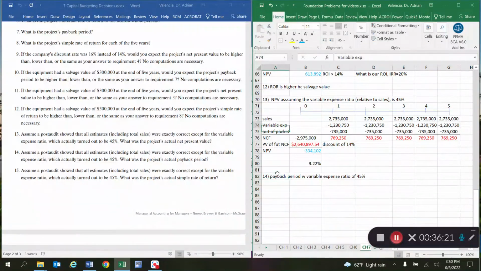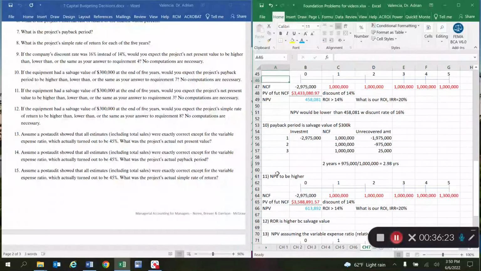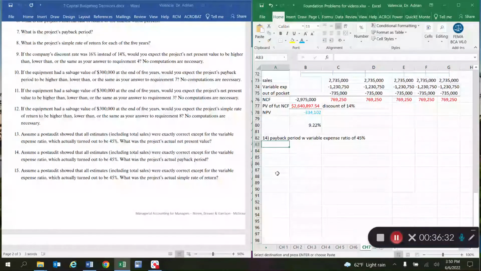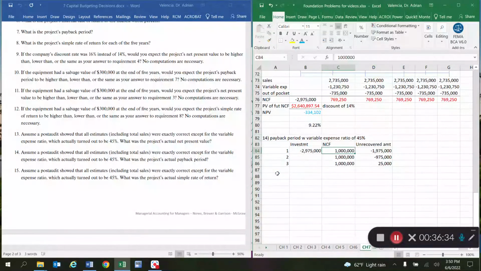I'm going to bring back the setup we did for payback period here, and you should have picked up on the fact that now it's going to take us longer to get our money back, okay? Because every year we're only going to get this amount right here, 769.